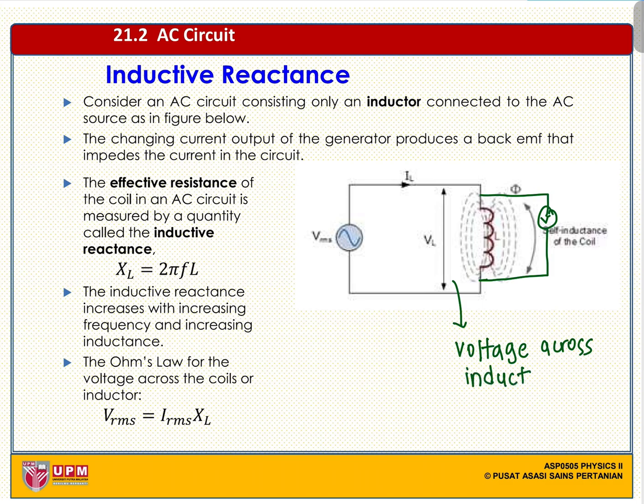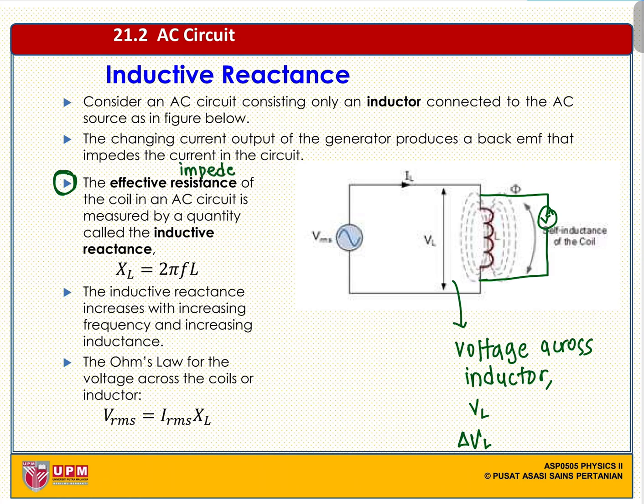So, voltage across inductor kita akan guna simbol VL ataupun ada yang guna delta VL. So, benda yang sama saja. Okey, this part tak ada dalam buku awak. Mungkin penulis tertinggal. So, the effective reactance ataupun yang tadi tu kita guna perkataan impedance.